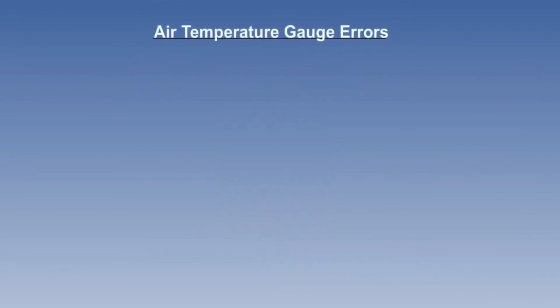Finally, in this lesson, we will look at the errors which air temperature gauges are subject to. The first is instrument error. This occurs in the manufacturing process, and unfortunately, manufacturing imperfections are difficult to avoid. The second error is environmental error.